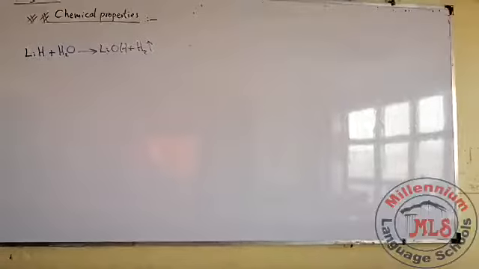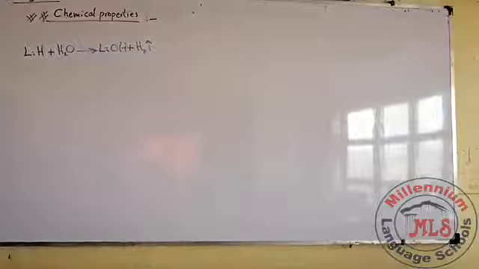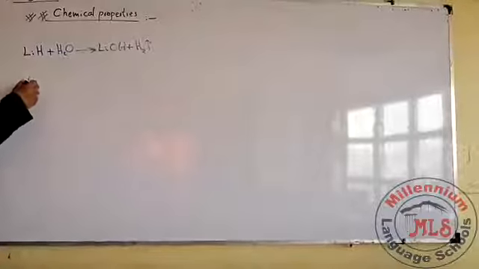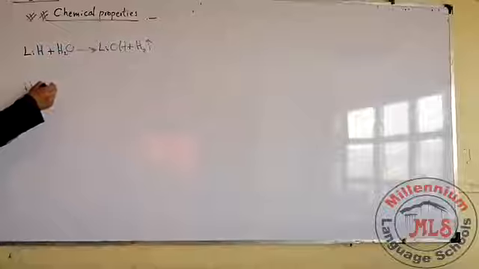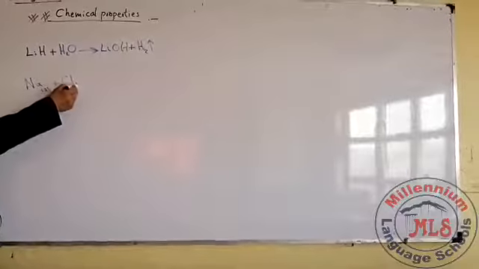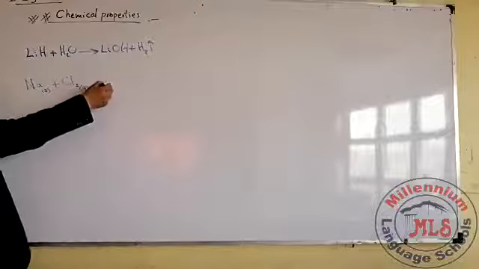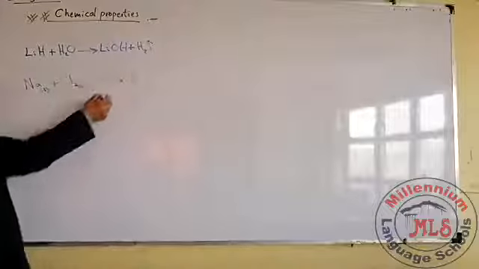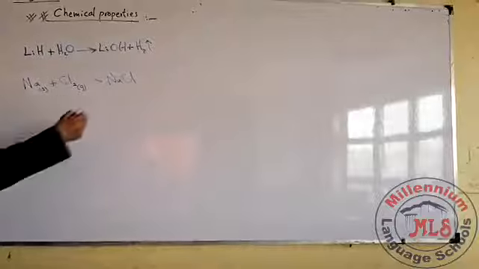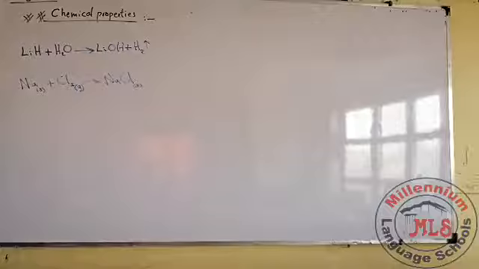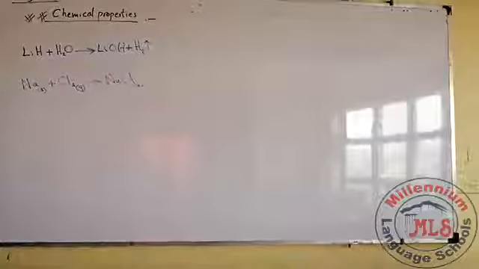The reaction between alkali metals and halogens. The first reaction, sodium and chlorine forms sodium chloride. This reaction is a vigorous reaction.